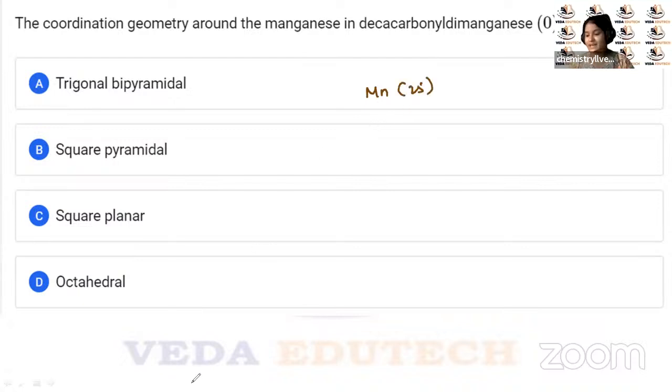Okay. Any answers? What is the answer here? Yes, obviously you get easy questions in JEE Mains. If you know the concept, it's very, very easy. What is the answer?